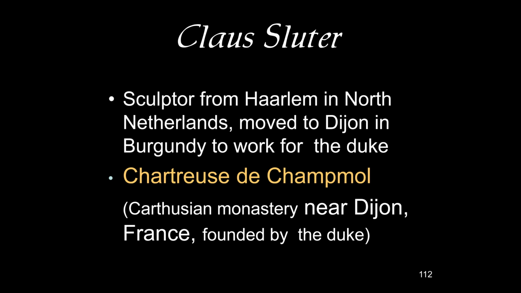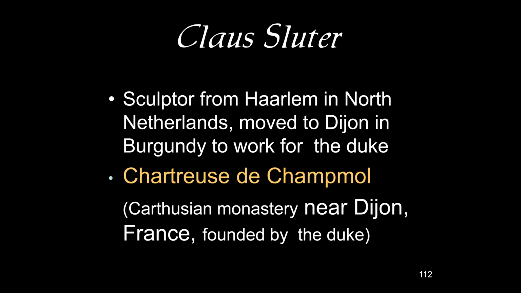Chartreuse here refers to the Carthusian monastery near Dijon. Dijon was the capital, still is, capital of Burgundy. And the Duke, of course, was very concerned about the fate of his soul. And as one of the good deeds that he did in order to hopefully help save his soul, he founded a Carthusian monastery.